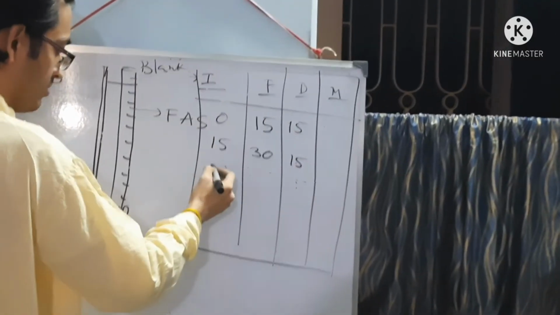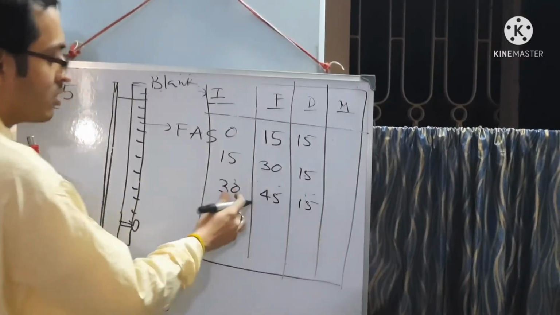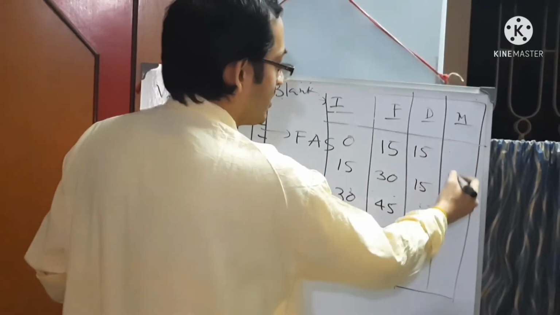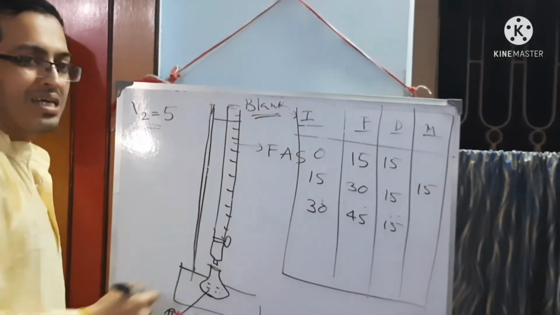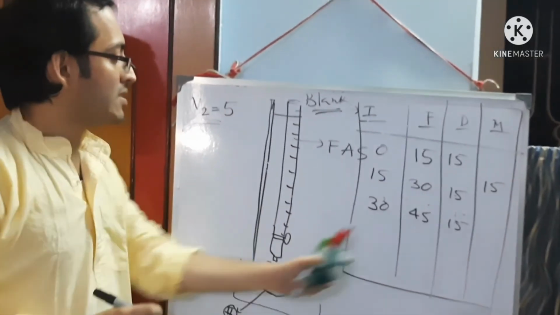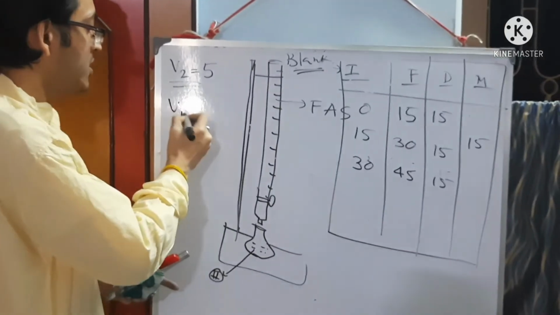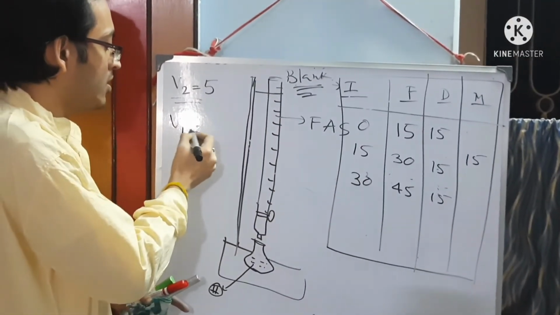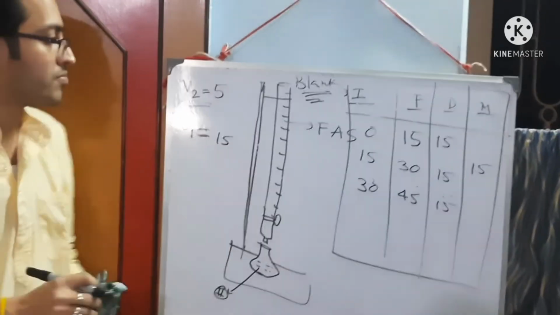Again 15 difference, and so on for the third titration for the blank. And the average is 15. So for the blank, the average titration reading is 15. So I will write V1 for this blank. So V1 is 15. Okay, now note it down.